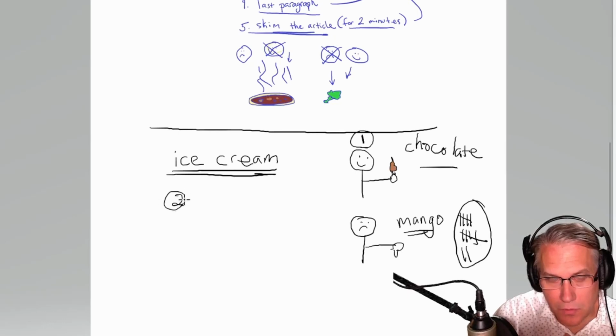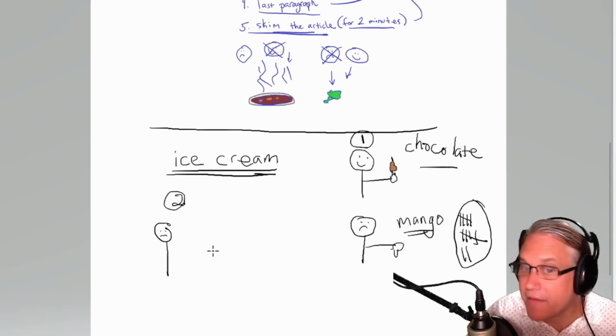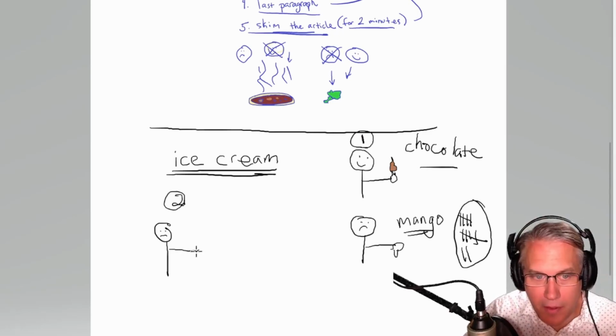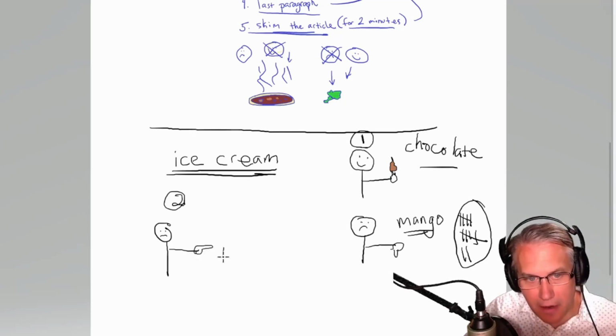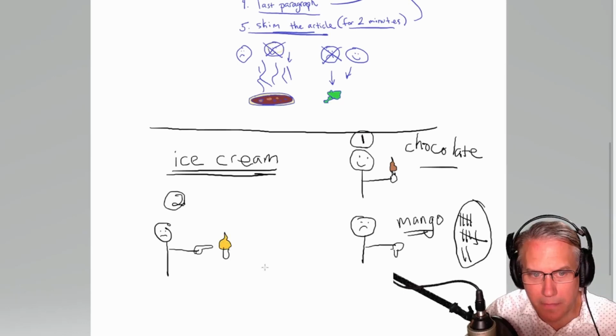Number 2. The child goes to the store and to the ice cream shop, has never had mango, but they choose mango. They point and they say, "All right, I want to try that mango ice cream.